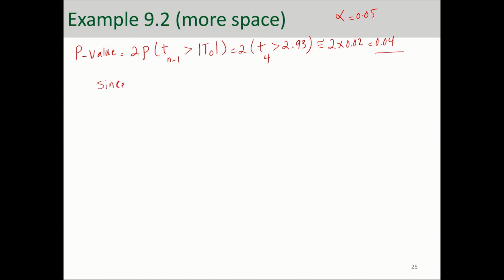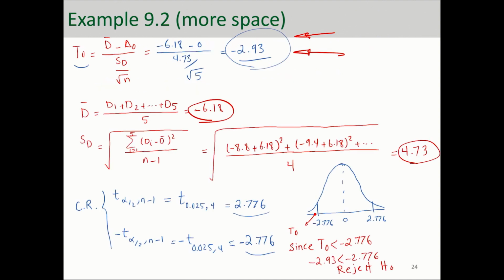So since p-value of 0.04 is less than alpha of 0.05, we reject the null hypothesis, and this is the same decision that we concluded using the critical region method.